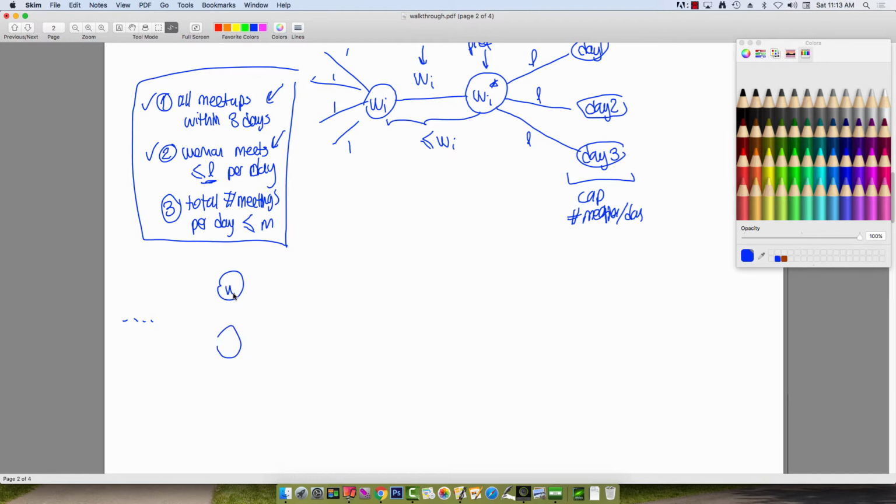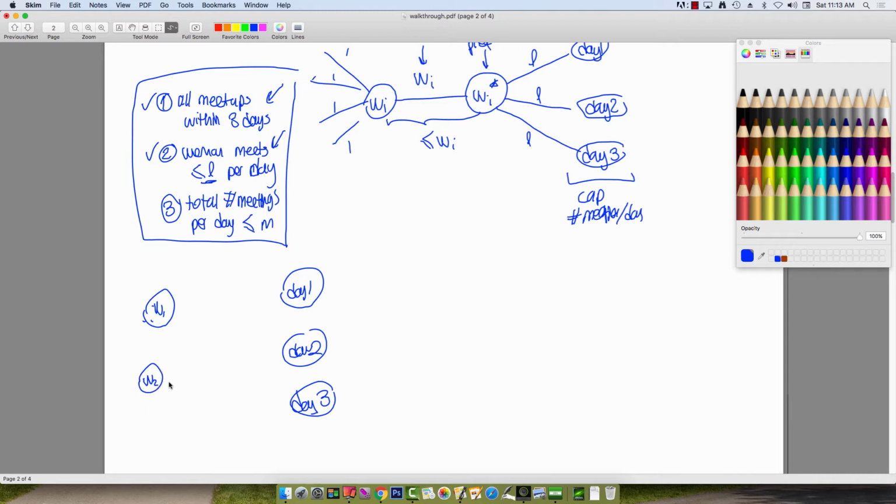So from each woman we had weights. Actually, we don't have to do that, because let's use the thing that we already did. Okay, so let's talk about day 1, day 2, and day 3. So we already talked about, for one particular woman, these day nodes are just going to be mapped with an edge that is capped with L, so that that particular woman is not going to be meeting with more than L people in a day.